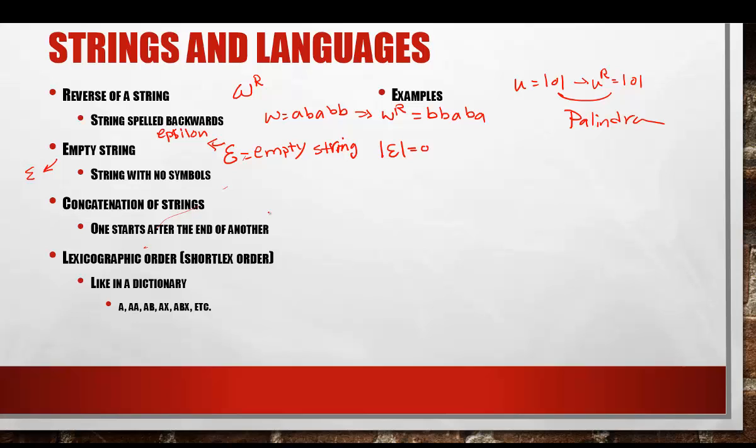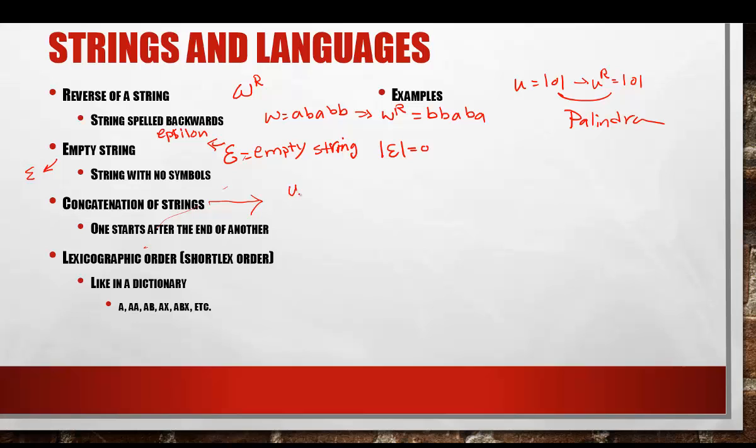We can perform certain operations with strings, and one of the important operations that we do with strings is when we take two strings and concatenate them with each other, which means that we put the first one and then attach the second one to the end of the first one.